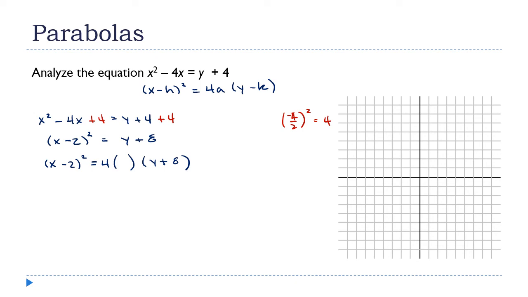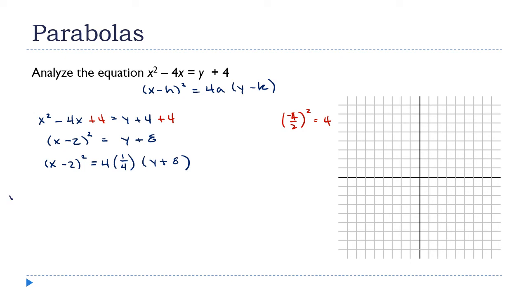There was no number in front of the y, so I'm fine with that y plus 8 just like it is. I just have to force that 4 to be out in front, right? And how am I going to do that? Well, look, put 1/4 here, right? 4 times 1/4 is 1, and nothing changed, and that right-hand side is still y plus 8. Okay, so this is what I need.